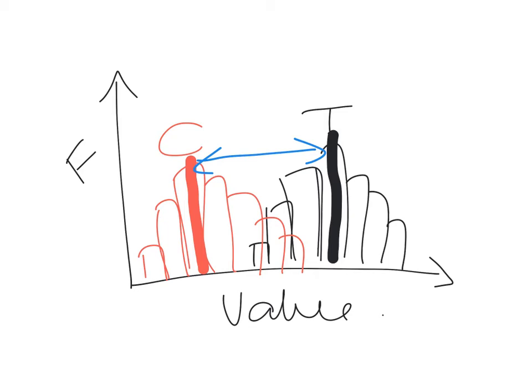variability within each of the distributions. So here we have in green the variability in the control treatment, and in yellow we have the variability in our treatment, where we've applied our treatment.